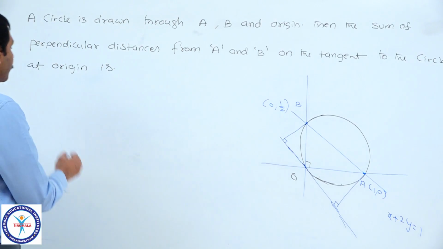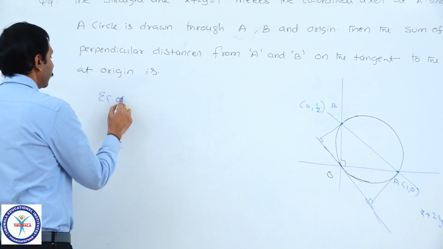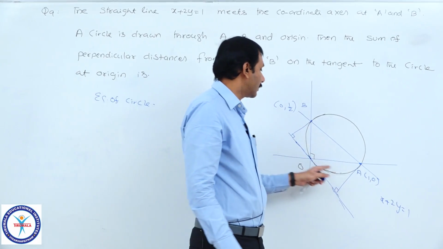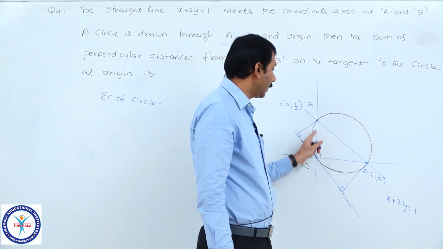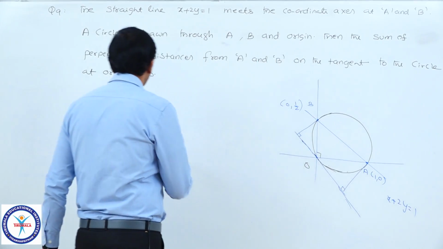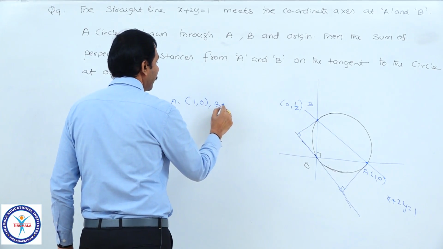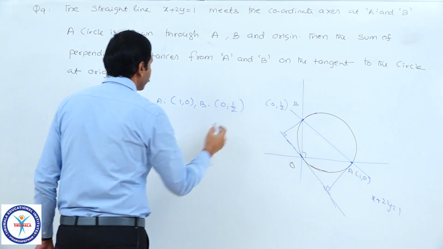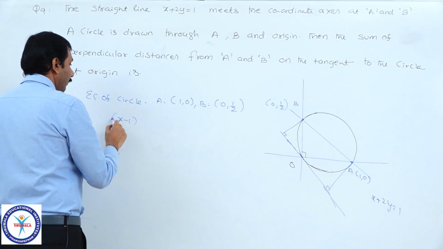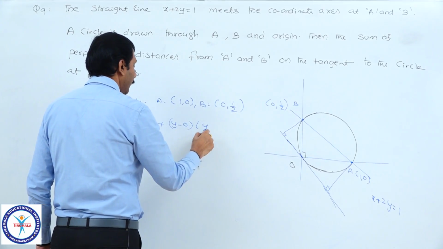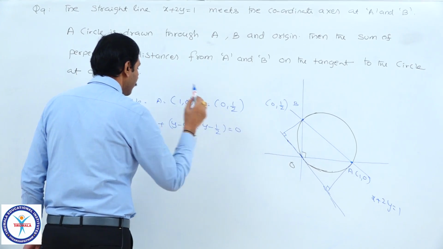Let me write the equation of the circle first. Because it is a right angle, AB is the diameter, passing through the points A (1, 0) and B (0, 1/2). (x - 1)(x) + (y - 0)(y - 1/2) = 0.